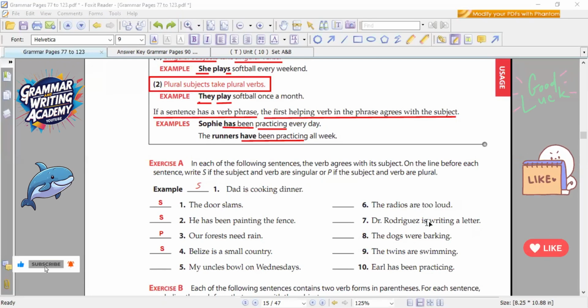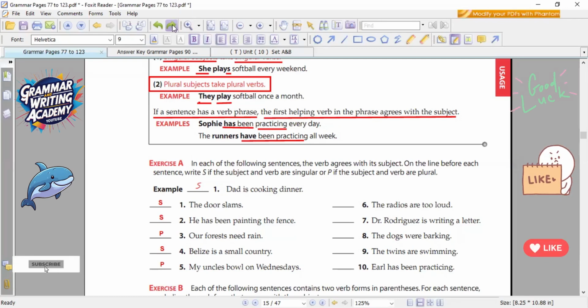Moving to Jalal, then Majd. Jalal, number 5 and number 6, please. Yes, mister. My uncles bowl on Wednesdays. So, it's plural. Plural, yes. What is the subject here, please?